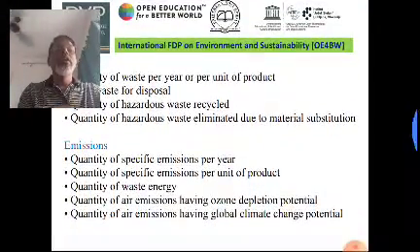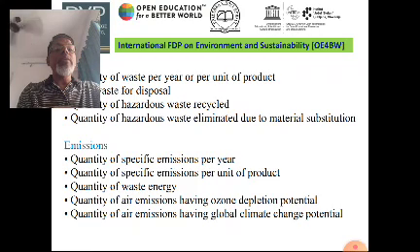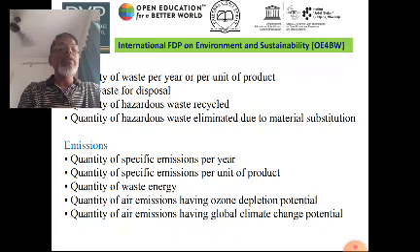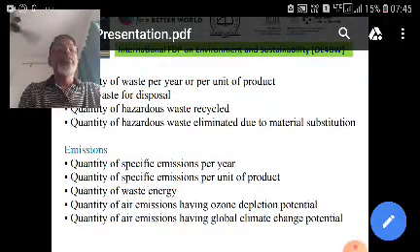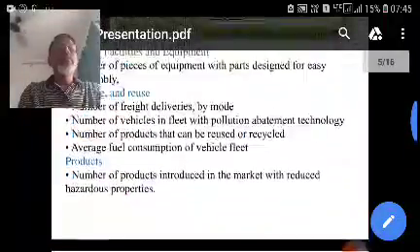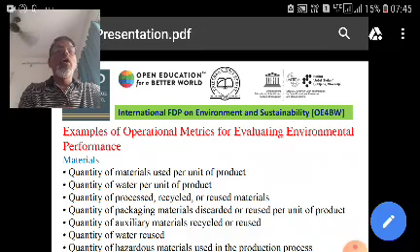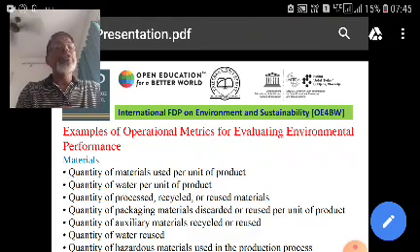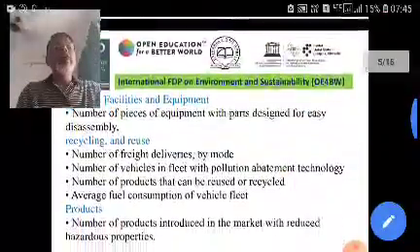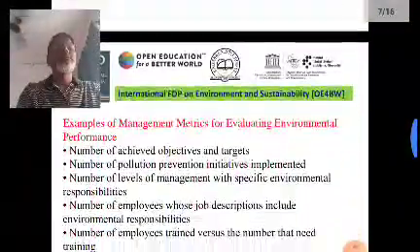And the emission: quantity of specific emission per year, quantity of specific emission per unit of product, quantity of waste energy, quantity of air emission having ozone depletion potential, and quantity of air emission having global climate change potential. So these are the different parts, or the classification on the basis of the operational metrics for evaluating environmental performance.